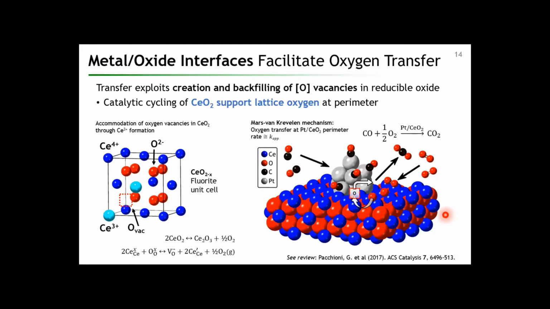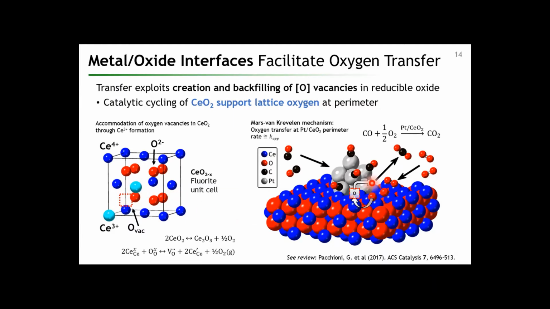Like I said earlier, there's this ability for cerium oxide to contribute its lattice oxygen during the catalytic reaction. And this is done by the catalytic cycling of oxygen vacancies. You can see here that the cerium oxide can accommodate vacancies through this cerium 3 plus 4 plus oxidation state change.